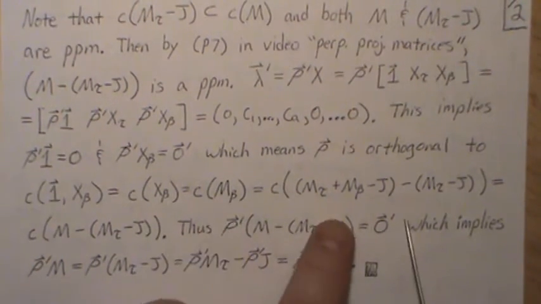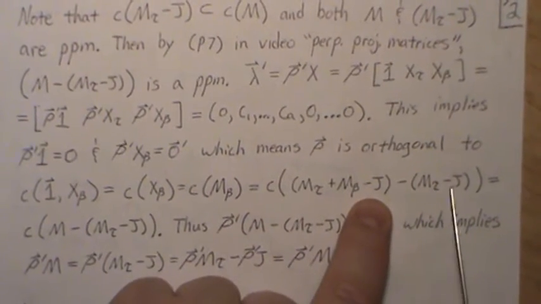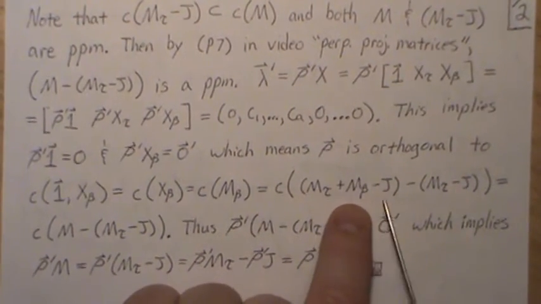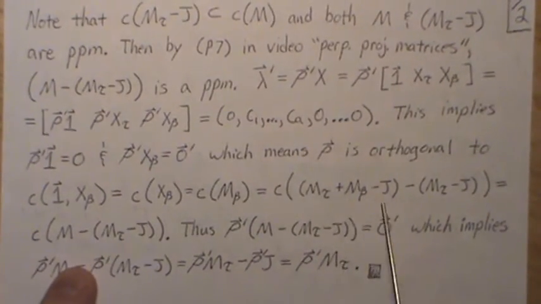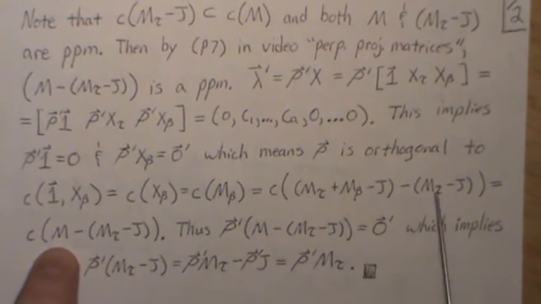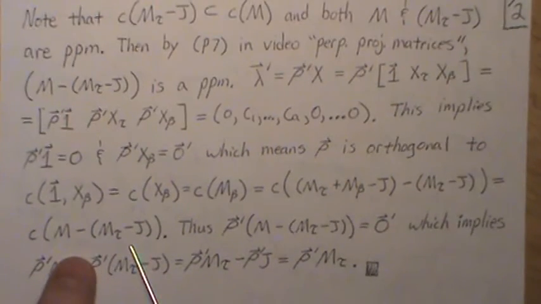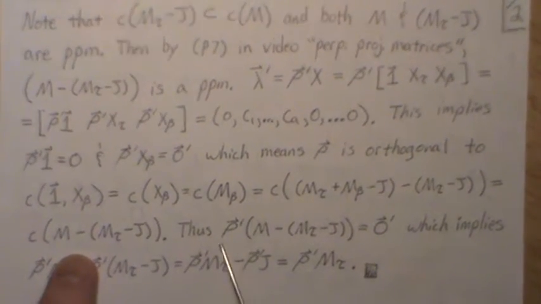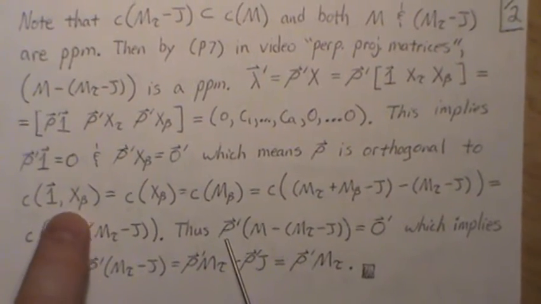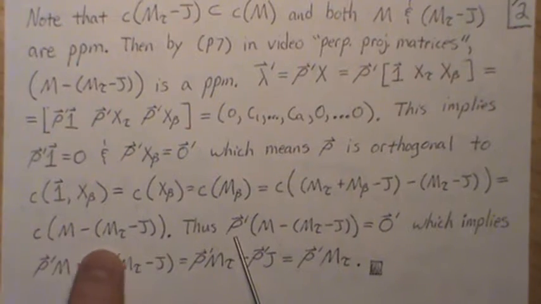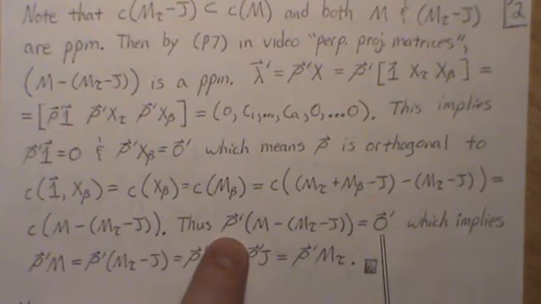Now this we can rewrite like this, right? Because we have M_τ minus M_τ, plus J minus J, and M. So we've added a well-chosen 0 here. But this is M, and this is M_τ minus J. But we said this was a perpendicular projection matrix. So thus, since rho is orthogonal to this column space, which is the same as this column space, this has to be 0.